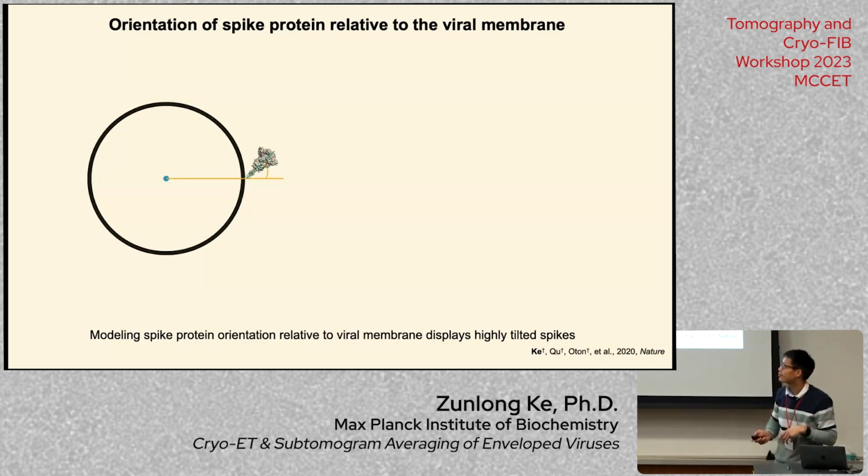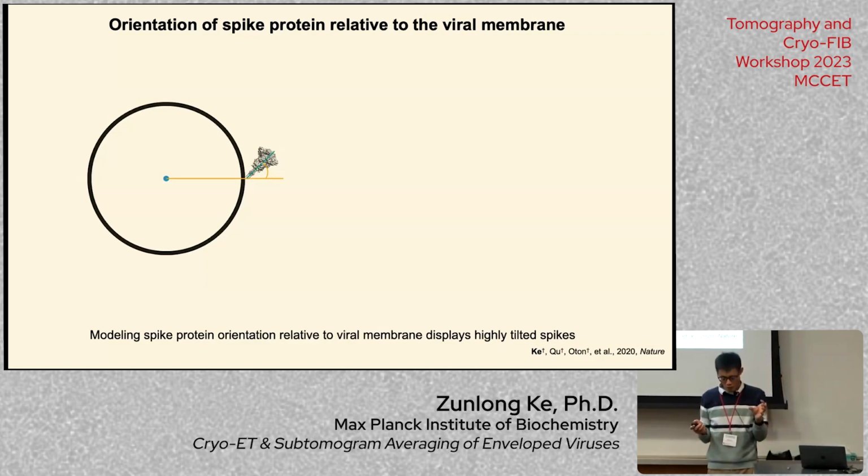So we ask, okay, can we characterize this tilting angle on the viral membrane? And the way we did it was that because we already know the center of the virion, we also know how big the virion is, like the radius of the virus. We also have obtained information about how this particular spike is oriented in 3D space from subtomogram averaging. So we can calculate, you can use these two vectors.